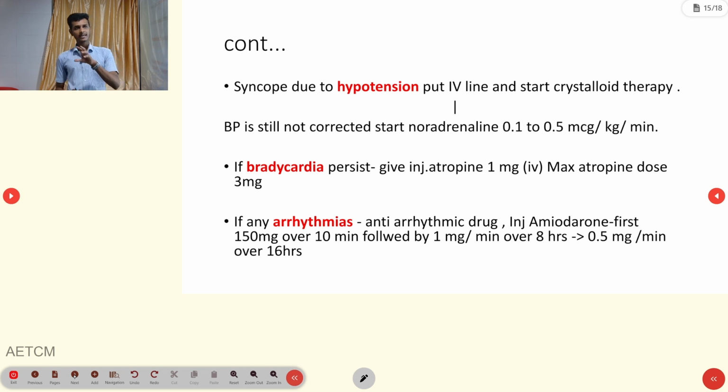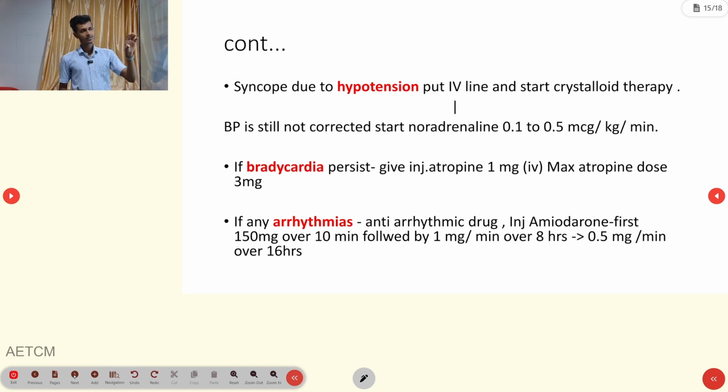To treat the hypotension, first we give a crystalloid fluid bolus, 500 mL to 1 liter of crystalloid fluids, normal saline we can suggest. Again, if it is refractory to fluid resuscitation, then we can go with vasoconstrictors, that is noradrenaline, a vasoactive medication, 0.1 to 0.5 micrograms per kg per minute we can administer.